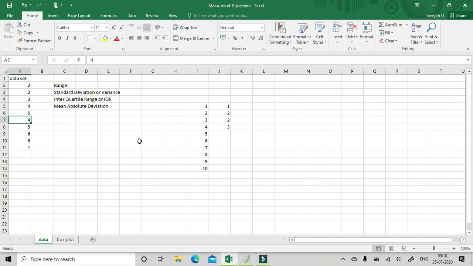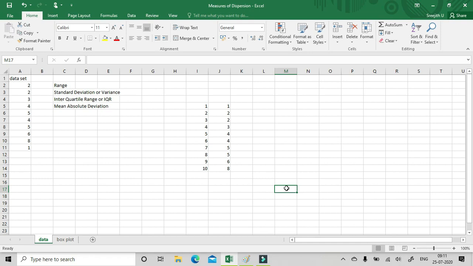There are 2 4's. Let's put that down, 4 4. How many 5's do we have? We have 2 5's. We have a 6 and we have an 8. So that's our data set, right?